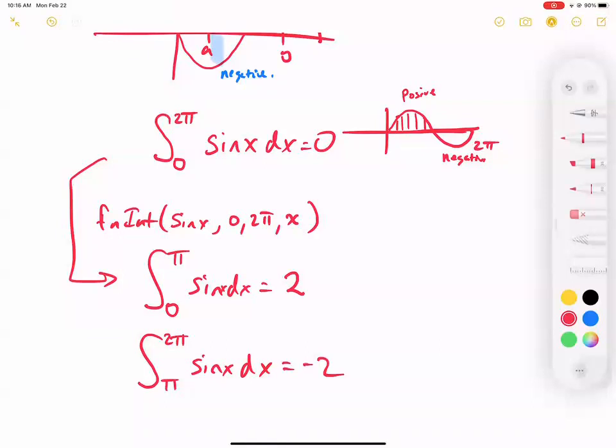So if I told you the area for this part was +2, and this here was -2, well, 2 minus 2 is 0. Okay, you guys are following along? You guys are okay with this? So you can see why it's 0: cumulative change means I'm adding up all the parts.